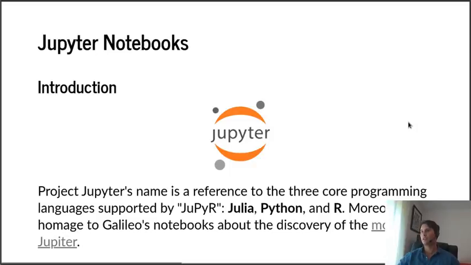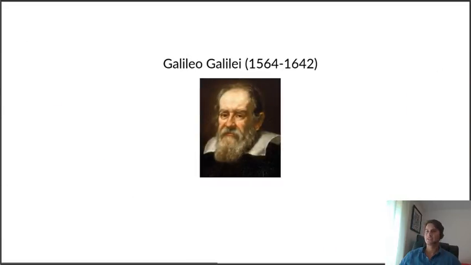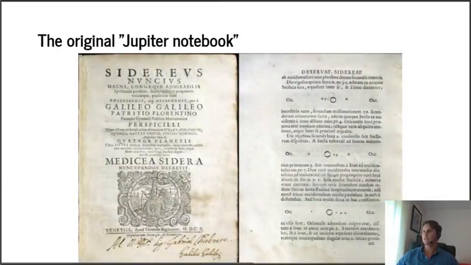It's also a homage to Galileo's notebooks of the discovery of the moons of Jupiter. If you don't know who Galileo is, this guy, okay? And the original Jupyter notebook is something like this.